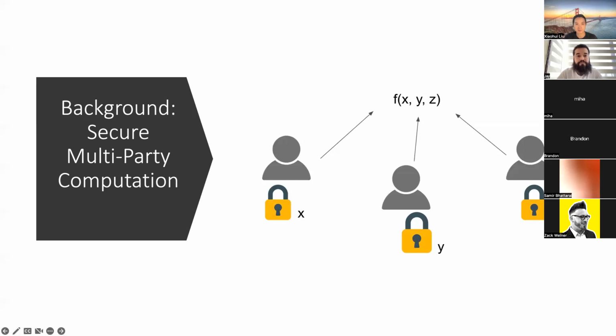Usually you can just give it to some trusted third party and they put it together and compute it, right? The trick here is they want to do this without sharing the input with anybody else. You see this lock here? Everybody keeps the private input private, but they can still perform some protocol, like magic. Pretty much just cryptography, so they make sure they can compute the right function even though they do not share the input with each other.